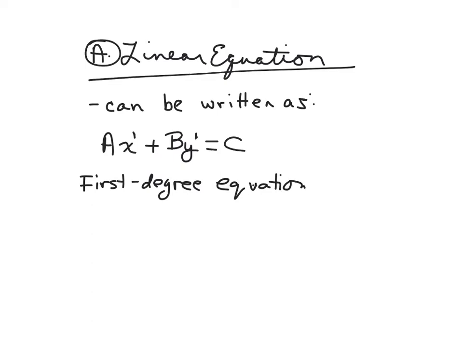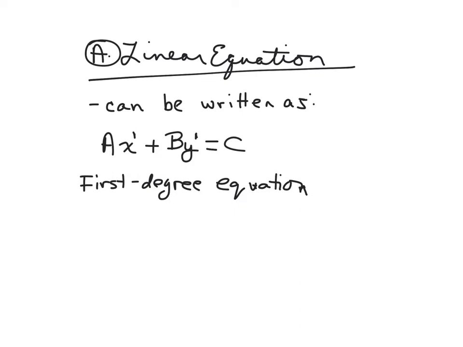And if you had my intermediate algebra class, we spent a lot of time talking about that. So when the x and y are raised to the first power, you've got a linear equation, and your graph is going to be a line.